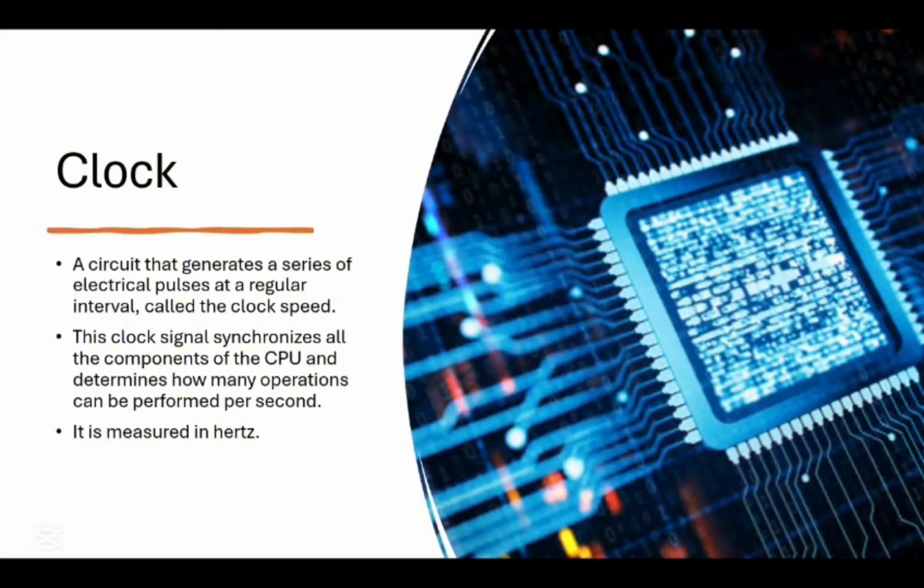This clock signal is vital as it synchronizes all the components of the CPU and determines how many operations can be performed per second. Its speed is measured in hertz. The clock speed, or frequency of these pulses, is a primary indicator of a CPU's performance.